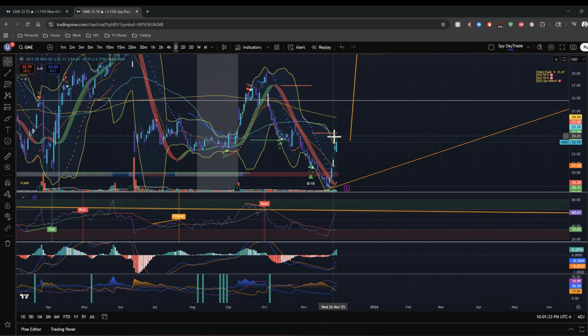We want the 50 MA to actually pierce it and do something like this while the candles finish above it for a higher price, right? This is the bullish scenario, the same exact thing we saw right here. It came back in, it actually pierced through both of them, rejected, but once we got over it again, that's where we saw the big ups, right? This is exactly what we're looking for right here.